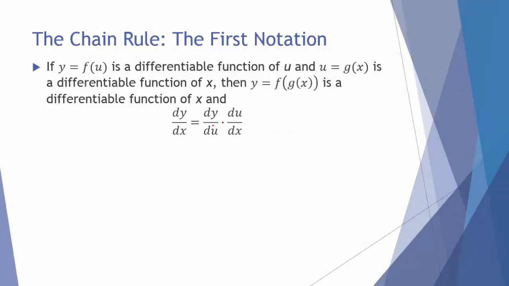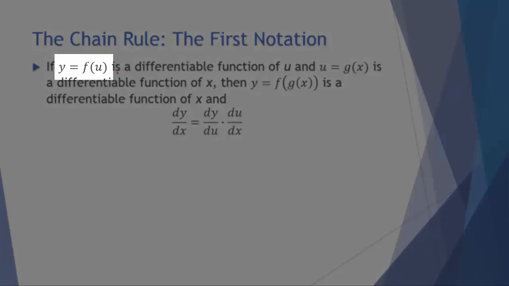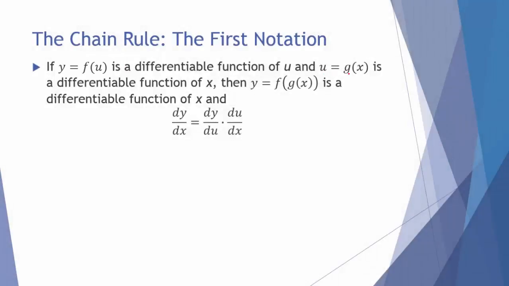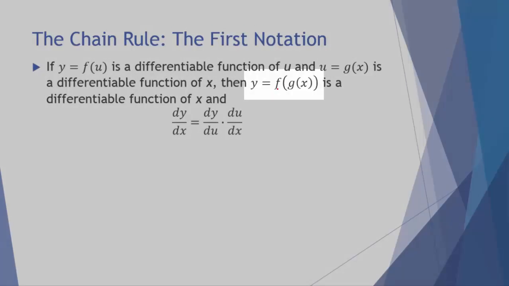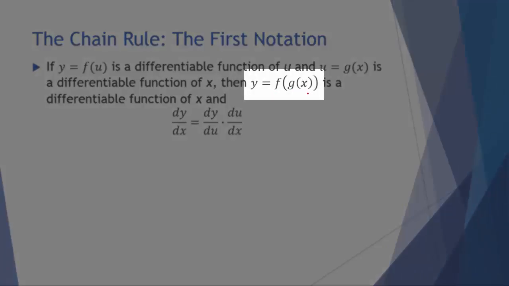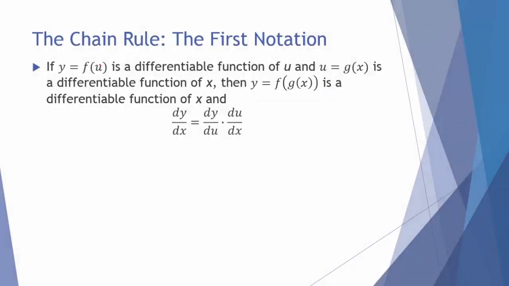So what this says is, if you notice, your y is a function of u, but u is g of x. That's how this composition function y equals f of g of x is coming about. This u inside the f of u is an entire function itself.